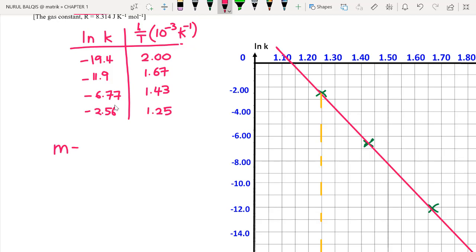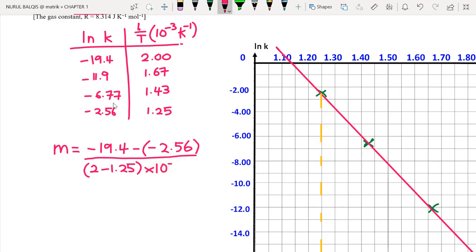m is equal to negative 19.4 minus negative 2.56, divided by 2 minus 1.25, times 10 to the power of negative 3.